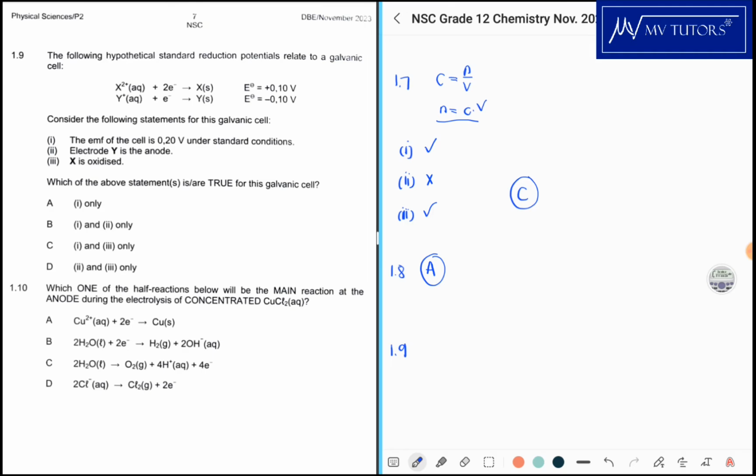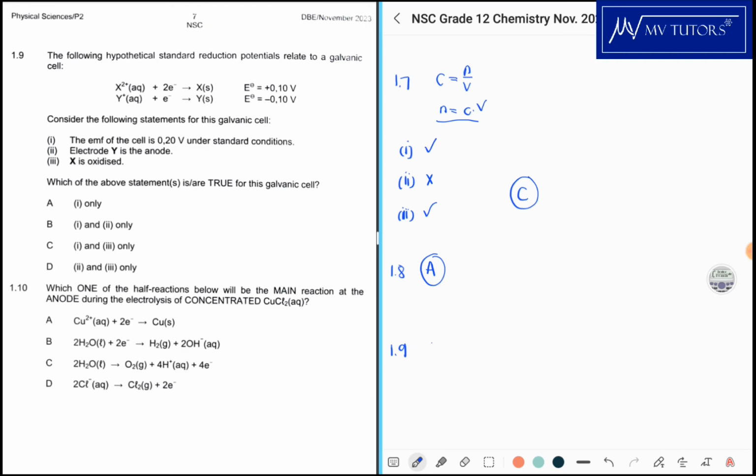So we have the first one, X2 plus, and we see that the EMF is positive 0.10. In this case, I would say that would be the cathode.